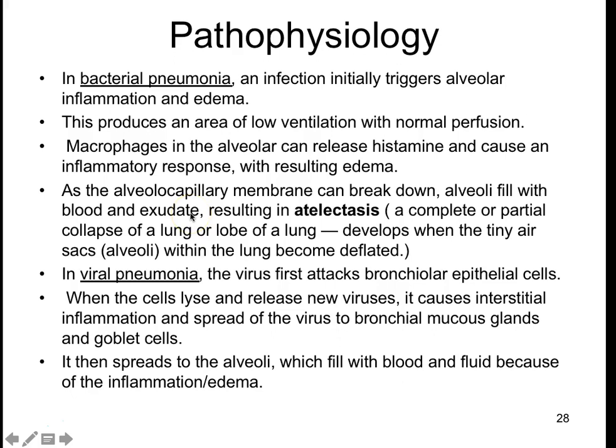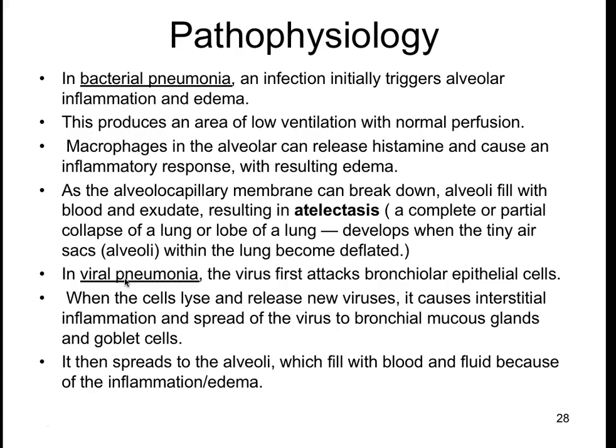On the other hand, viral pneumonia is not an infection in the alveolar sac. It's an infection of the bronchial epithelial cells. So a virus can destroy the bronchial epithelial cells or infect them, and then that causes an inflammation.